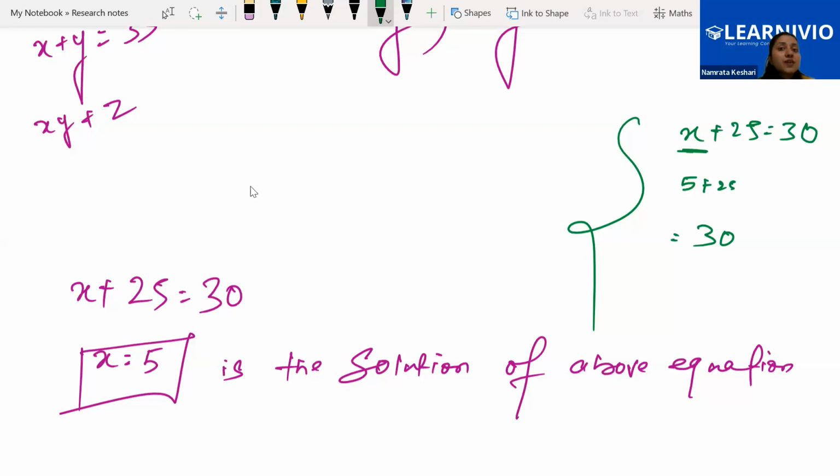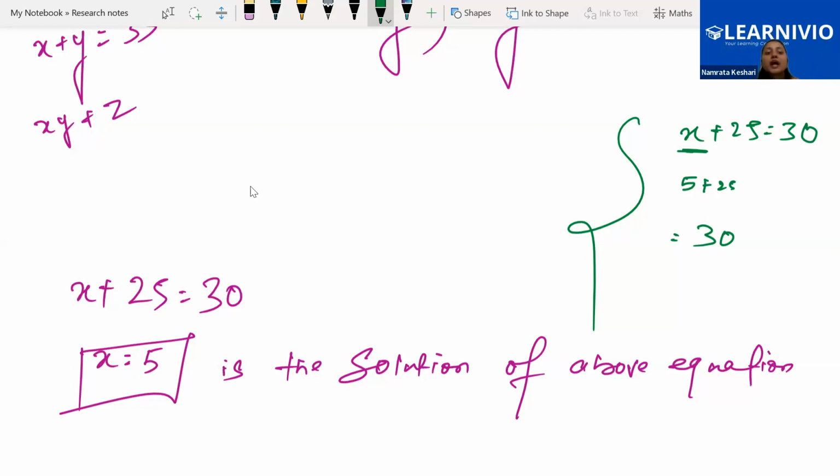What does that mean? When you take that x value and substitute it in the equation, your left hand side and right hand side become equal. That is the meaning of satisfying the equation. It will be valid for the given equation.